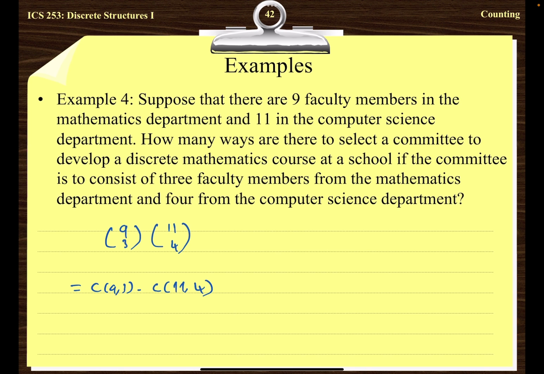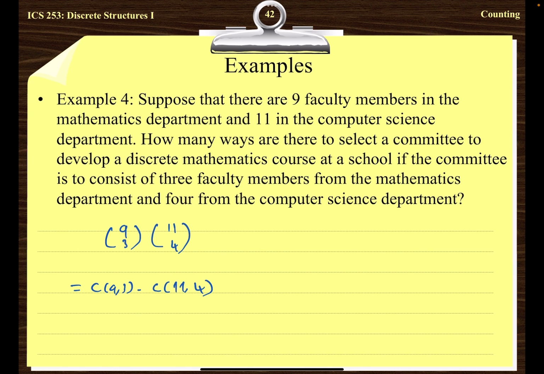Okay, so basically, we did not use the addition rule or any other rule. We use the product rule. Why? Because 9 choose 3 will give you what? The different combinations of math faculty in the committee, right? And what about the second one? The different combinations for the computer science faculty, right?